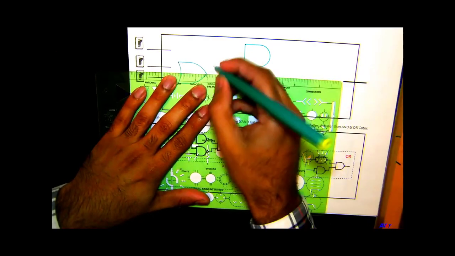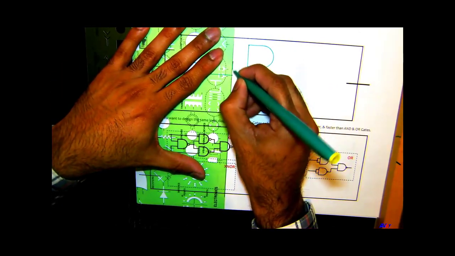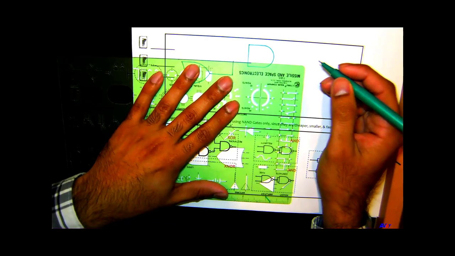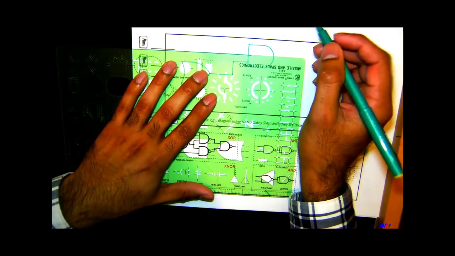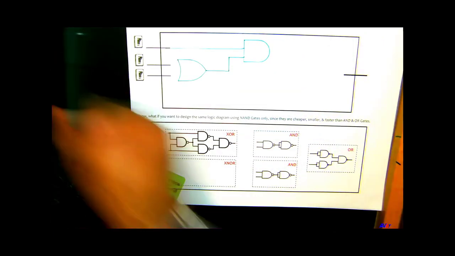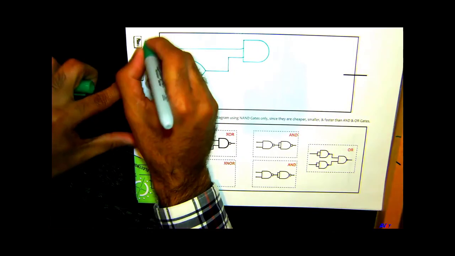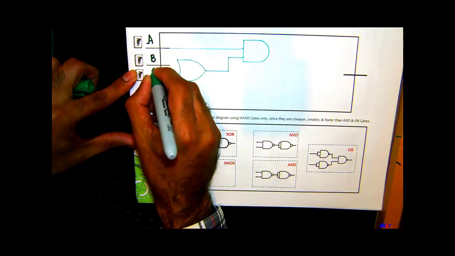The output of this exclusive OR will go into the input of this AND gate. And this A is just here. So this is my A, this is my B, this is my C.